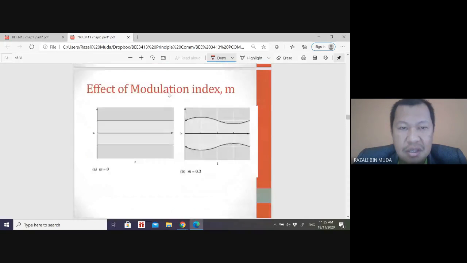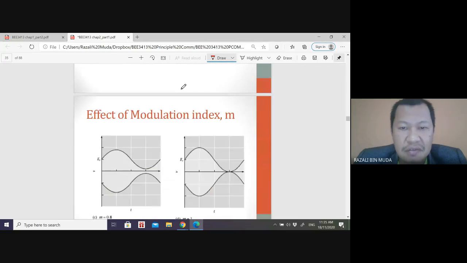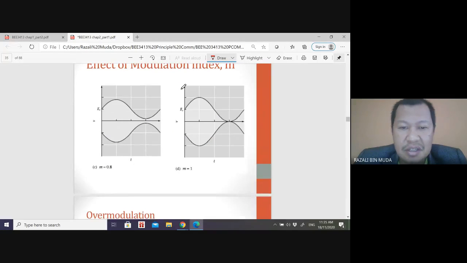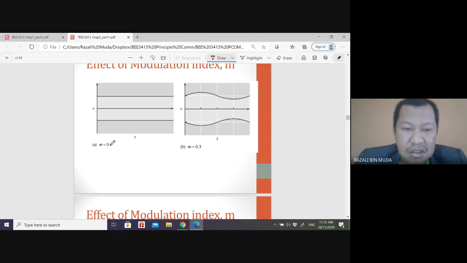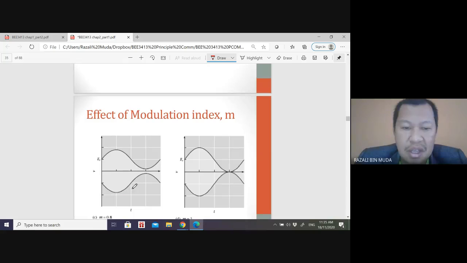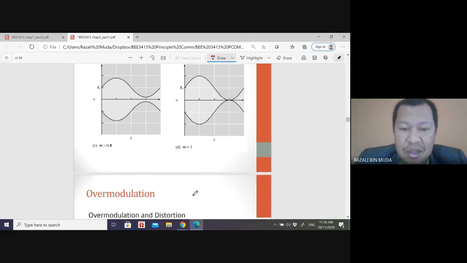Okay. Effect of modulation index. So you can see the modulation index: M equal to 0, M equal to 0.3, M equal to 0.8, M equal to 1, and over modulation.